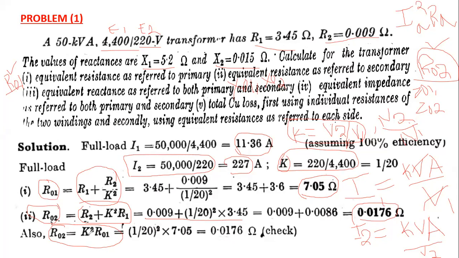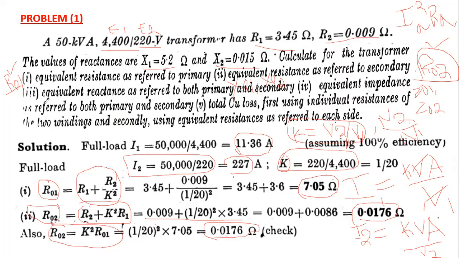K is 1 by 20, so 1 by 20 square into R01, which is 7.05. Then we obtain R02 equal to 0.0176 ohms.